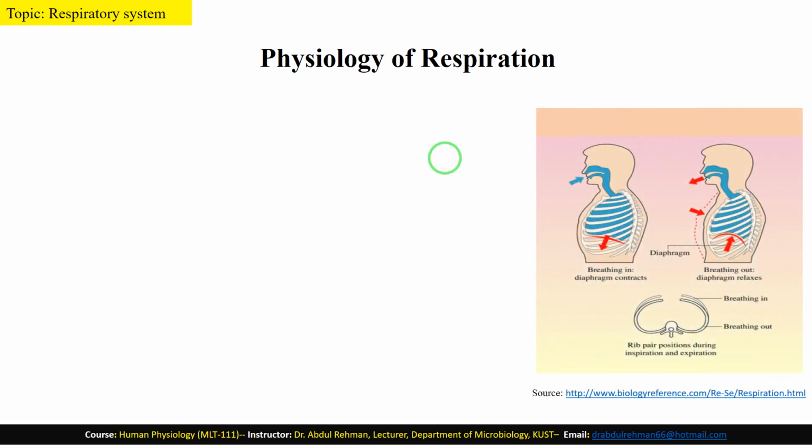In respiration physiology, we observe the movement of different organs of the respiratory system.